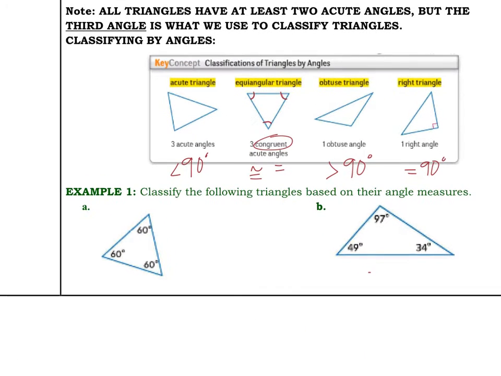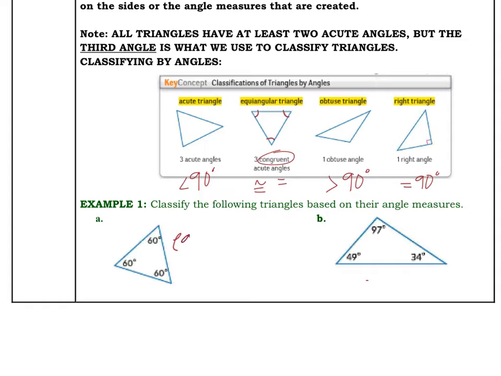So if we look at example 1, if we look at A, what's going on there? Equiangular. And how do you know that? They are all congruent and they are acute. Yeah, so 60, 60, 60, they're all equal. They are equiangular. Okay? So that's all we're going to be doing for right now is just classifying.